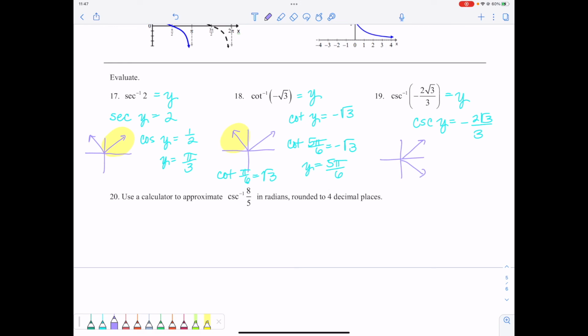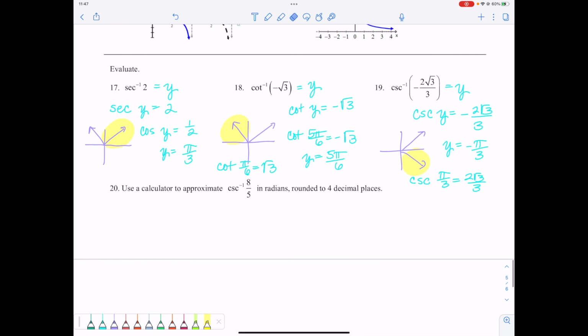And as you can see, since it's negative, we will need to provide an angle in quadrant 4. So y must be equal to the opposite of pi over 3. And keep in mind that the cosecant of pi over 3 is equal to 2 root 3 over 3. I could even just put a little star by these. And I could have put that the cosine of pi over 3 is equal to a half here.